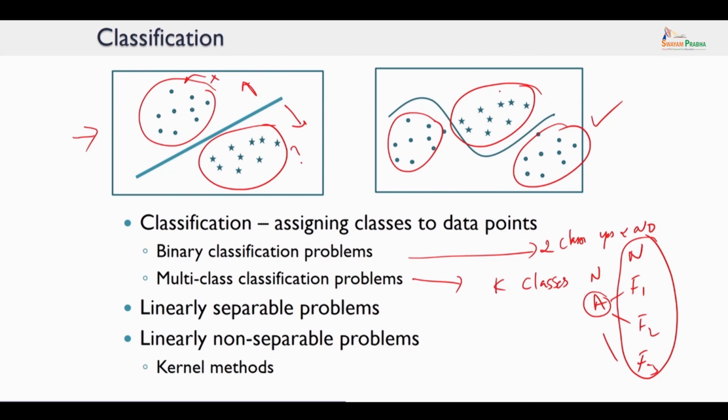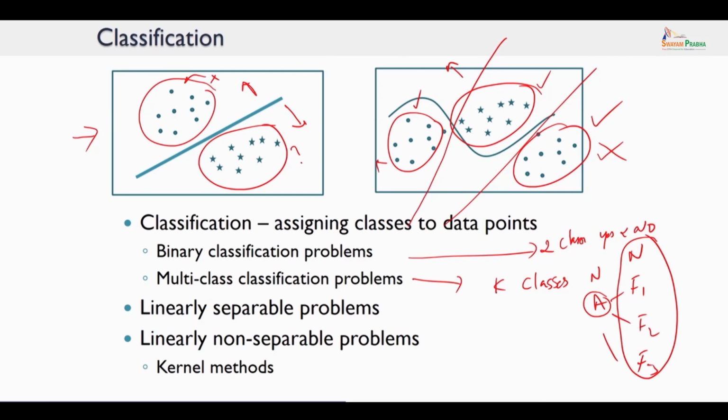Now however you try to draw a hyperplane, if I were to draw a hyperplane here and say this is all class 1 and this is class 2, then these points are classified correctly, these points are classified correctly, and these points are poorly classified or misclassified. If I were to come up similarly with a hyperplane like this, you will see similar arguments where these are points that will be poorly classified.